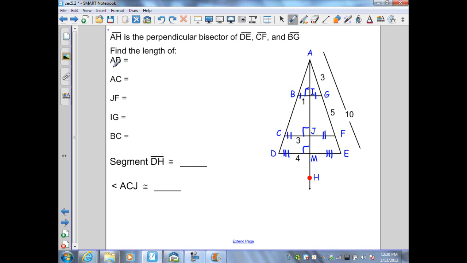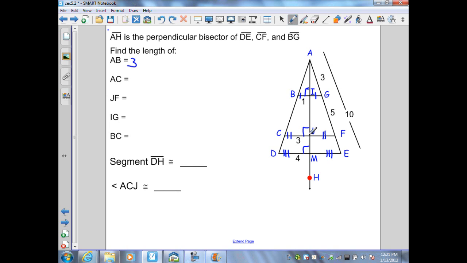They want us to find the length of AB. If AI, which is part of AH, is a perpendicular bisector, then A is equidistant to the endpoints of that segment, which are G and B. Therefore, AG is congruent to AB. If AG is 3, then AB must be 3. They want us to find the length of AC.